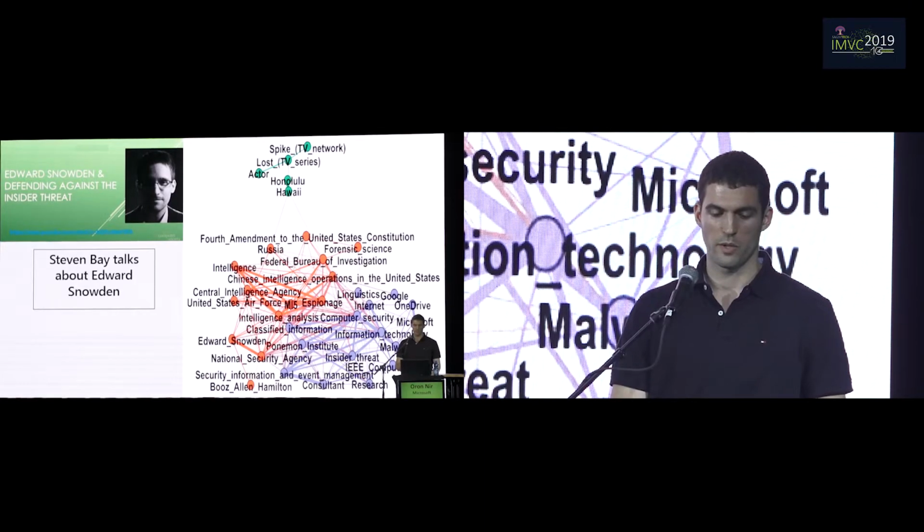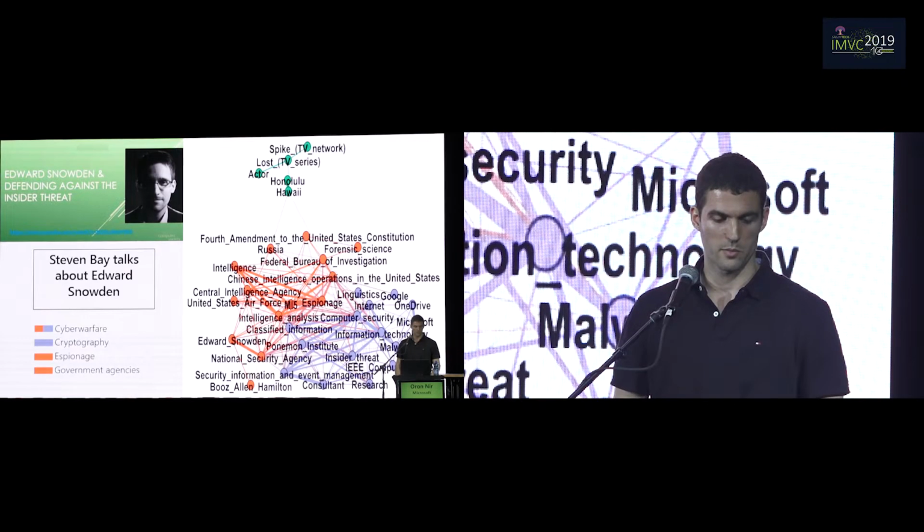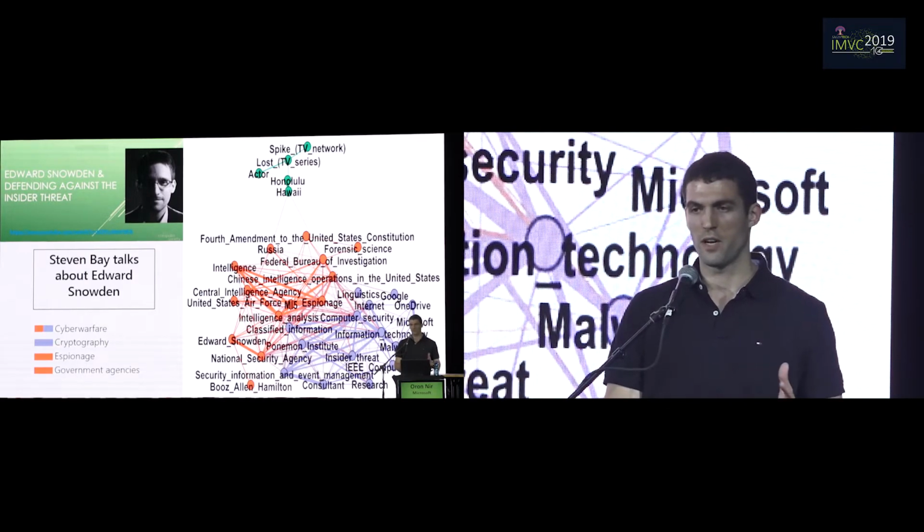But since we are capturing the geometry of the graphs, we've been able to capture the following topics, which were cyber warfare, cryptography, espionage, and government agencies. And so this is how we filter out false positives during the inference in the pipeline.